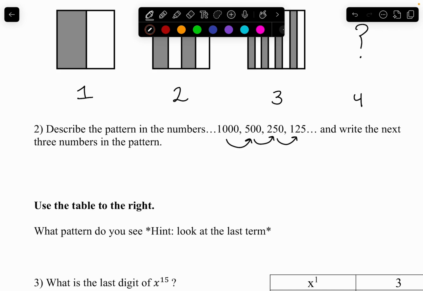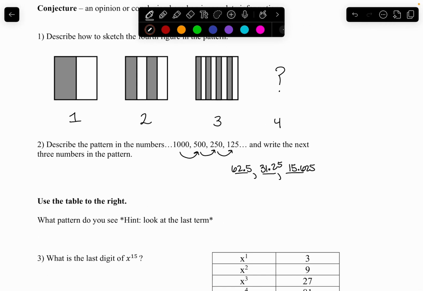So if this is being cut in half, then I need to take 125 and cut that in half, so the next term is going to be 62.5. I got to cut that in half. That's going to be 31.25. I got to cut that in half, and that's going to be this gross number, 15.625. So we're recognizing a pattern and then being able to do something with that pattern.